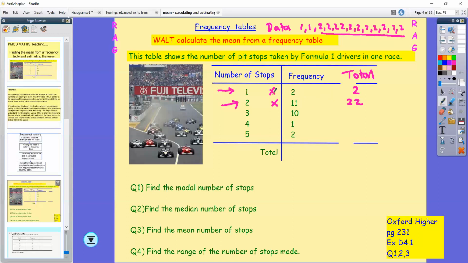Now, I really think it's worth taking time to go through that. And I said, if you need to, get them to write the data out in a list. If somebody's looking for that shortcut they can't explain, a bit resistant to actually thinking about it, so okay, well, what is the data then? I'll help them out. Start and say, well, write all the data out and work it out.